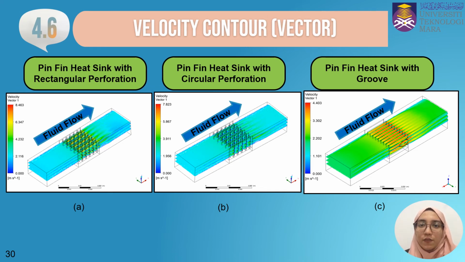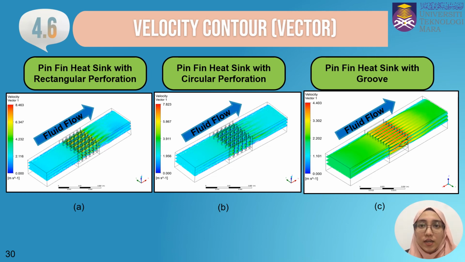However, the velocity increases sharply across each fin plate, and vector formation appears to be present around each fin. The fin heatsink with groove has the highest velocity profile. This is because of the presence of the groove.